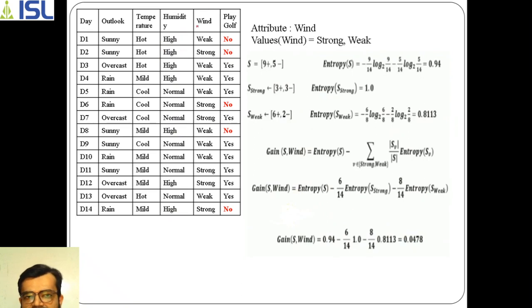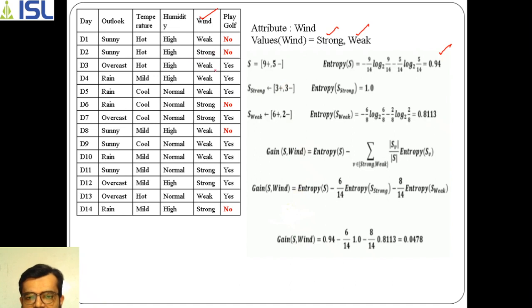Now similarly for wind also we are doing the last attribute, because for all the 4 attributes we need to calculate the information gain, and we have to compare all of this. So here, as you know, this is 0.94 for the entropy of the complete set, and here what are the values? Strong and weak. 2 values are there. For strong, how many positives are there? 3 positives and 3 negatives.